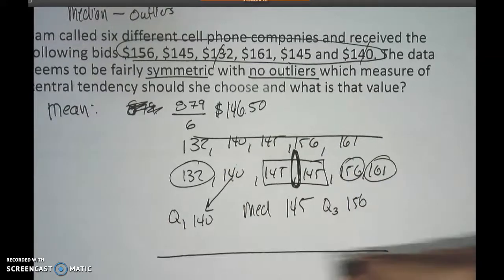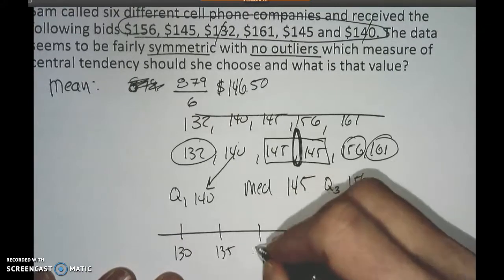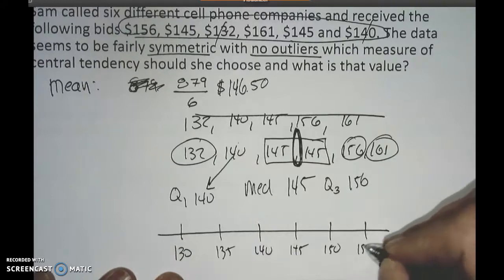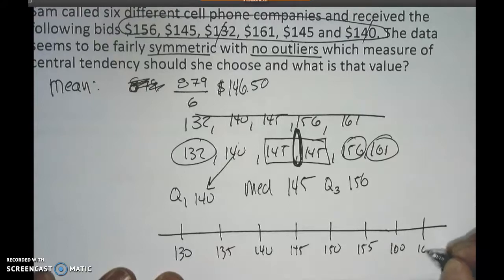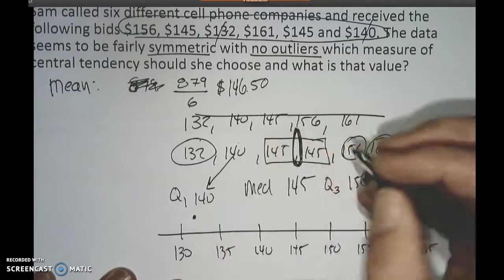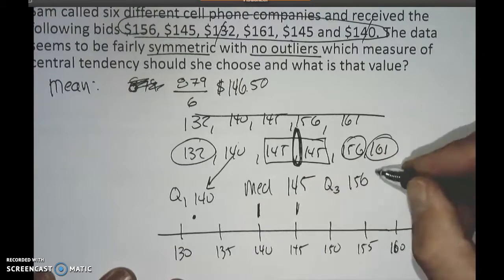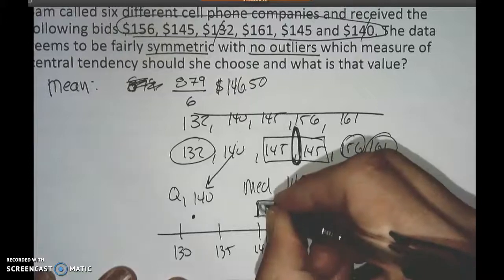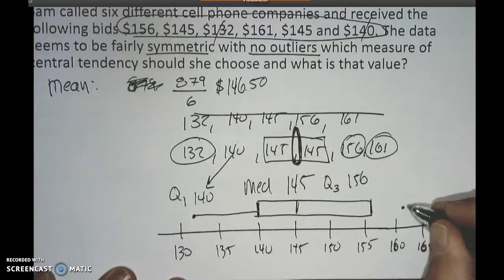So when you make a quick little box plot, 132 is going to go there. My 140 is my first box. 145 is there. Q3 is 156. So there's my box, there's my whisker, and then the highest value is 161, and there's my other whisker.